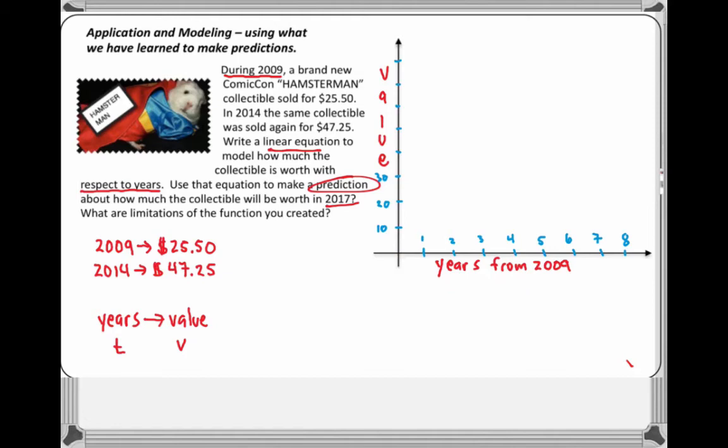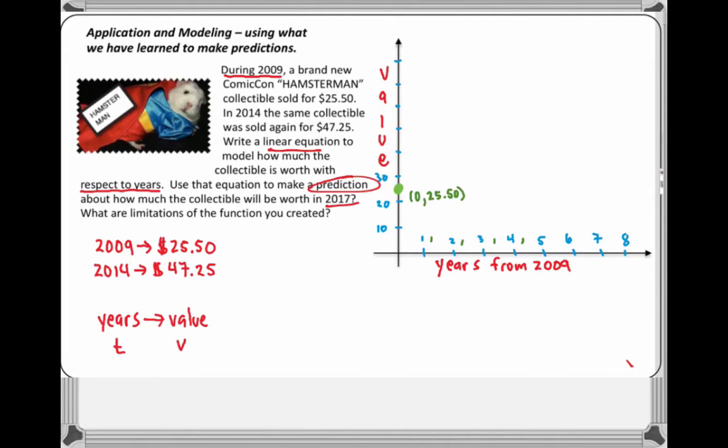The first point I want to plot is going to be 0, comma, 25.50. That basically means that 0 years from 2009, because it is 2009, it was worth $25.50. Five years later, we'd have 2010, 11, 12, 13, 14.